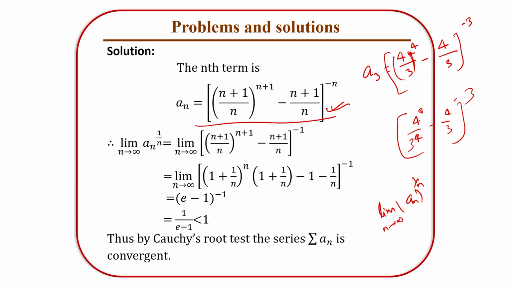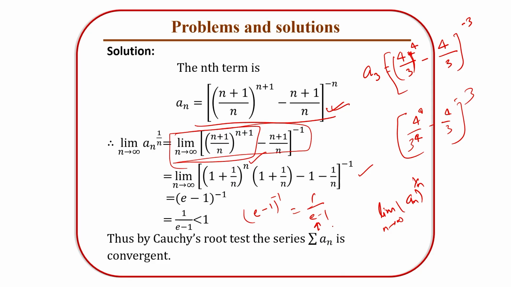Calculating this as the limits approach, you get (1 plus 1 by n) to the power n, times (1 plus 1 by n), minus (1 minus 1 by n) to the power minus 1. This will give you e to the power (e minus 1) to the power minus 1. That means 1 divided by (e minus 1).